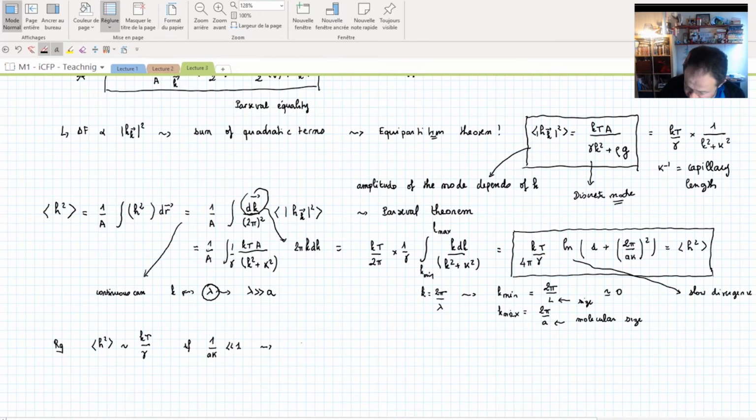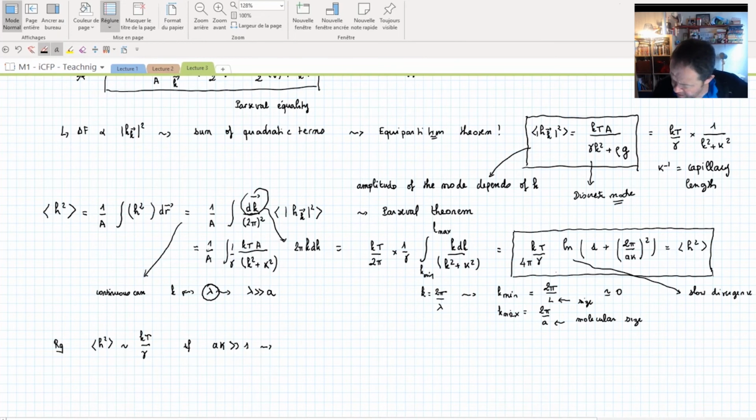And this is simply, no, bigger than 1. Which is the capillary length. Is that right?